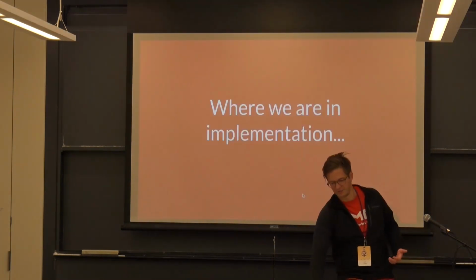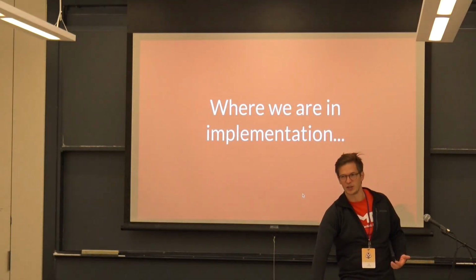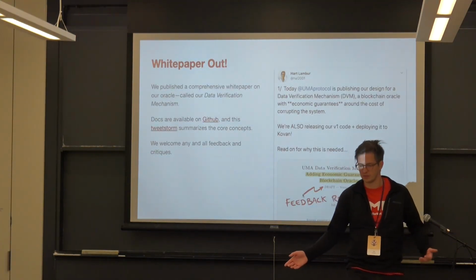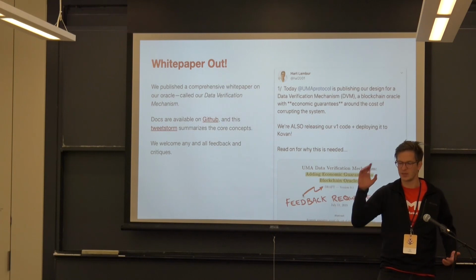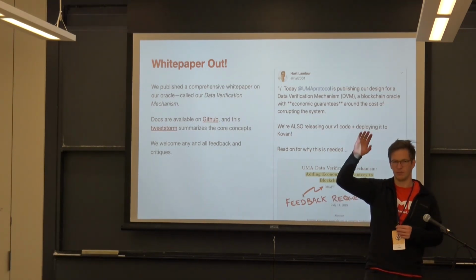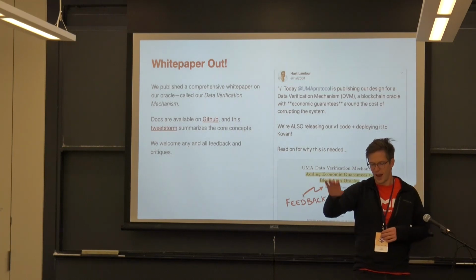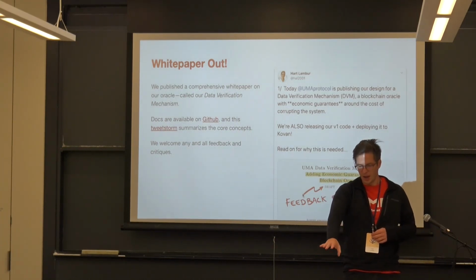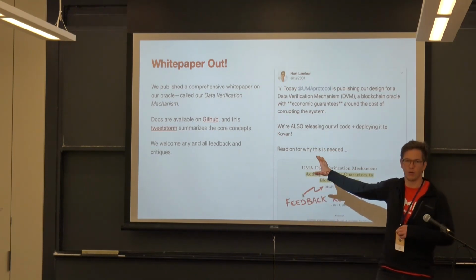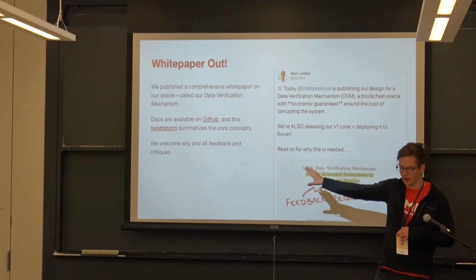All right, so where are we in implementation? We have a white paper out. This whole presentation is linked in the Discord channel and elsewhere, and it's all on our GitHub. There's a tweet storm you can check out that summarizes some of the concepts I've talked about here.